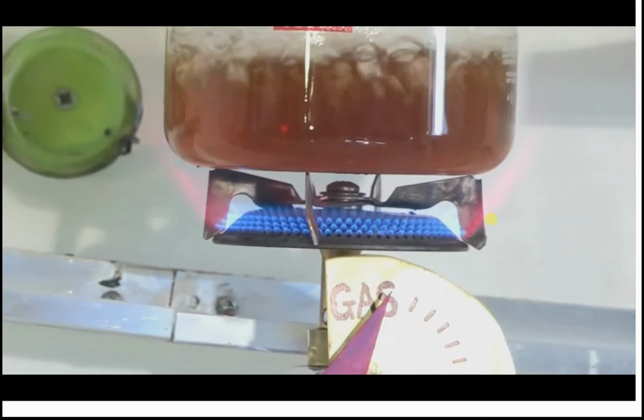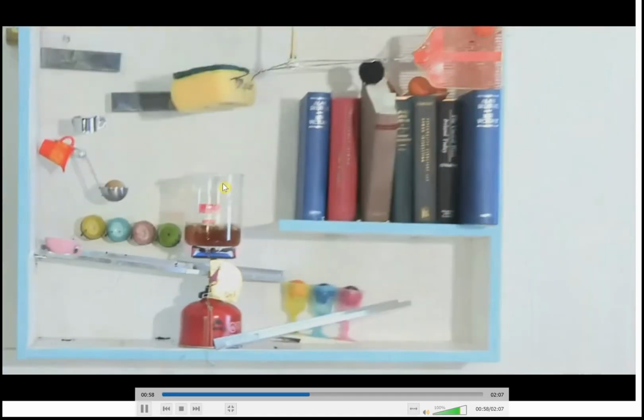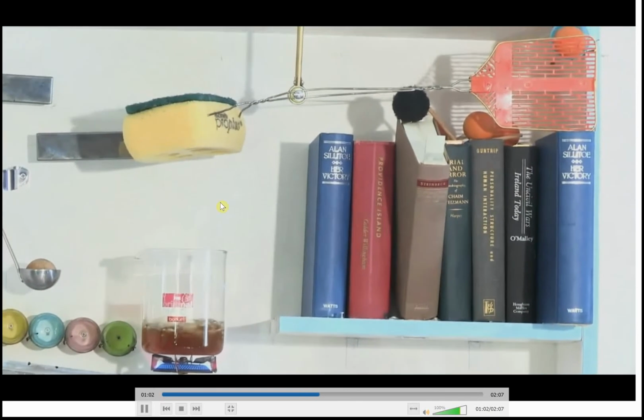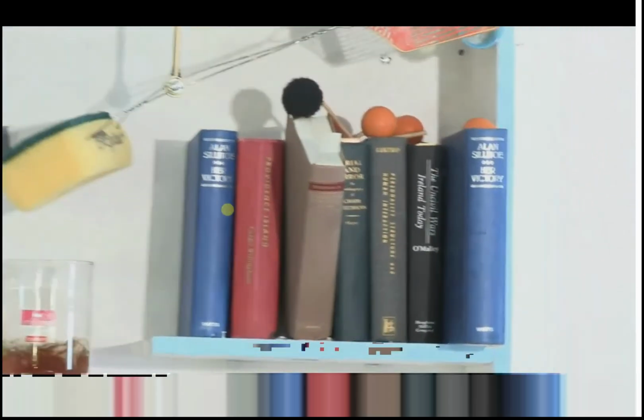This is a really neat one. So the gas is evaporating, condensing on the sponge, and making the sponge, as it condenses, just heavy enough to tilt it up.